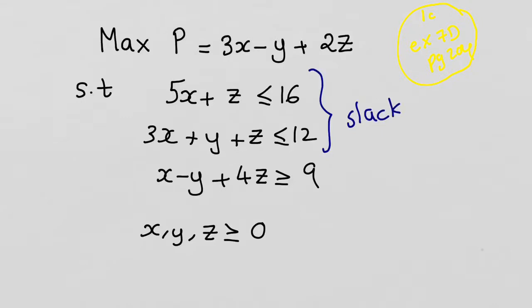This one, however, it's a greater than or equal to, so we don't need something to take up the slack. What we need is to add in something that's going to be called a surplus variable. And that will account for any surplus that doesn't come from the x, y, and z.